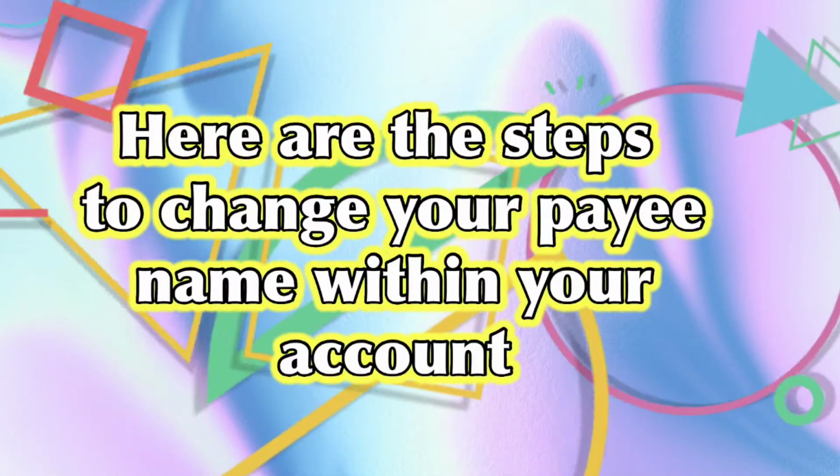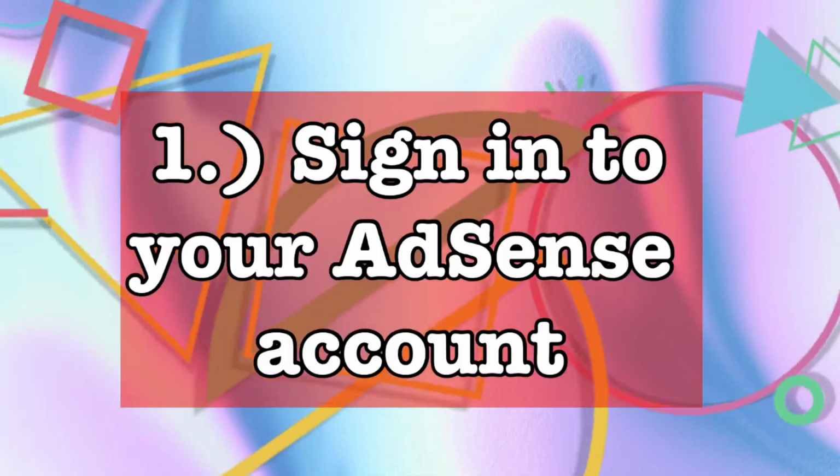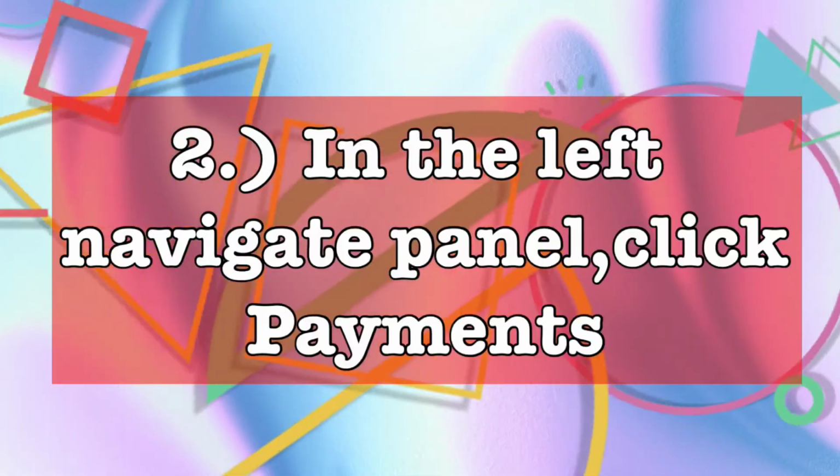So here are the steps to change your payee name within your account. Number 1, sign in to your AdSense account. Number 2, in the left navigation panel, click Payments.